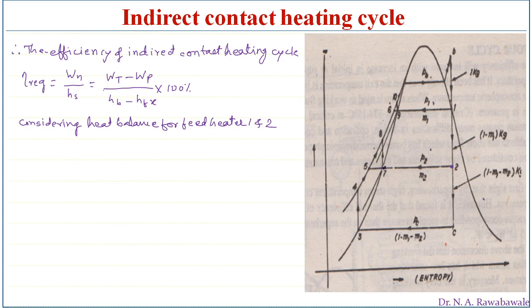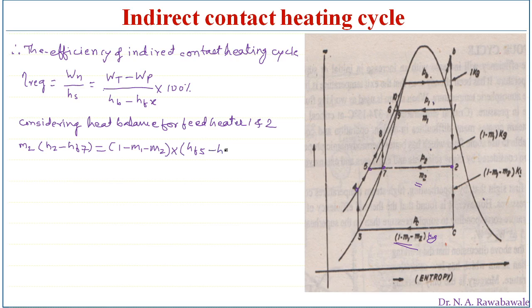So heat given by M2 kg of steam is H2 minus HF7, and M2 is the mass of steam. So we can write here heat given by the steam is M2 into H2 minus HF7, and this amount of heat is utilized by this 1 minus M1 minus M2 kg of condensate to increase its enthalpy from 4 to 5.